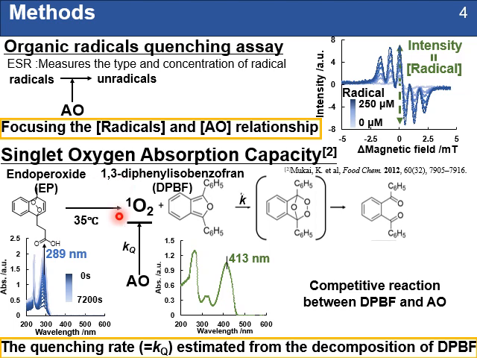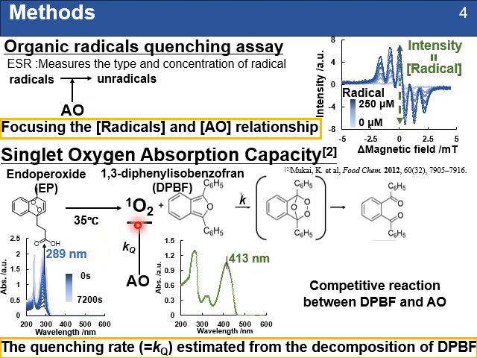Second is singlet oxygen absorption capacity. The absorption spectra of the ligands used are shown below each chemical structure. Endoperoxide generates singlet oxygen at 35 degrees.